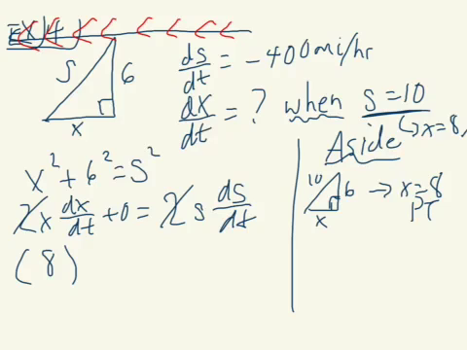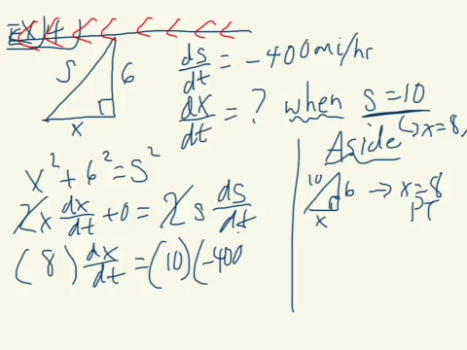So we can plug that in. We don't know this. S, we were told, is 10. This is negative 400. If you miss the negative, it wouldn't be that big of a deal, because you would end up with a negative dx over dt right now. Now it does say speed. If you've had or are taking physics currently, you know that speed is always an absolute value.